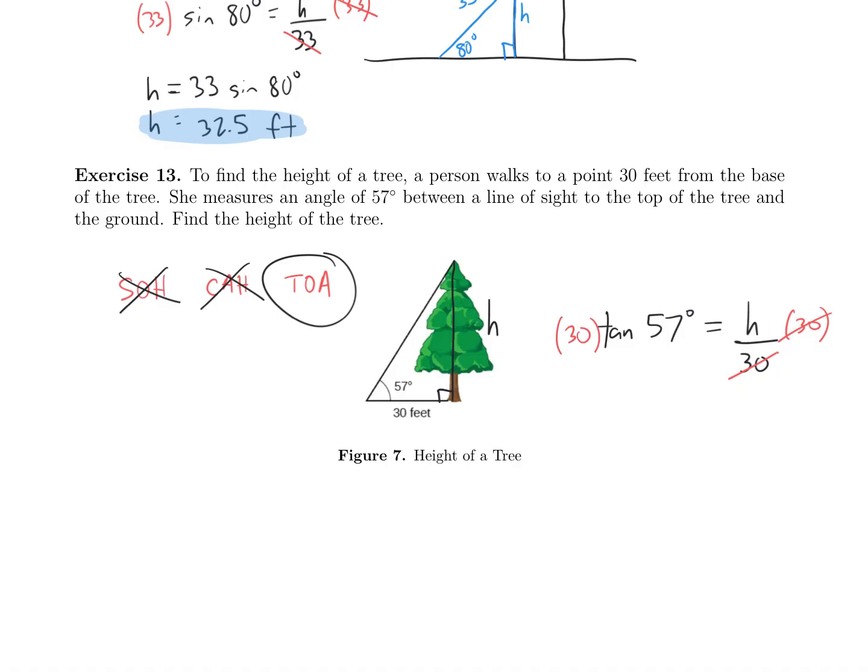And once again, make sure your calculator is in degree mode, not radian mode. h is going to equal 30 times the tangent of 57 degrees. If you type this into your calculator, and round to one decimal place, you should get 46.2 feet. Okay, and that is it. That takes care of this section.